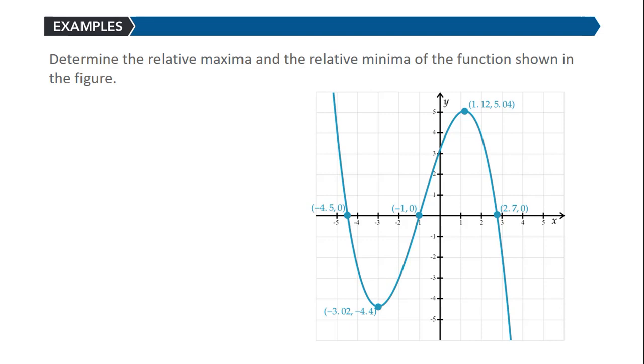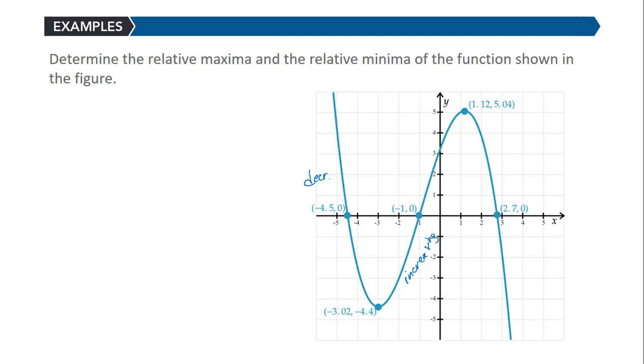There's a few things going on that I just want to review. First of all, there are two turning points, because notice that even though we're not doing the increasing, decreasing intervals, which we just talked about in a previous video, the graph is decreasing until we get to this bottom point, and then it turns to increasing.